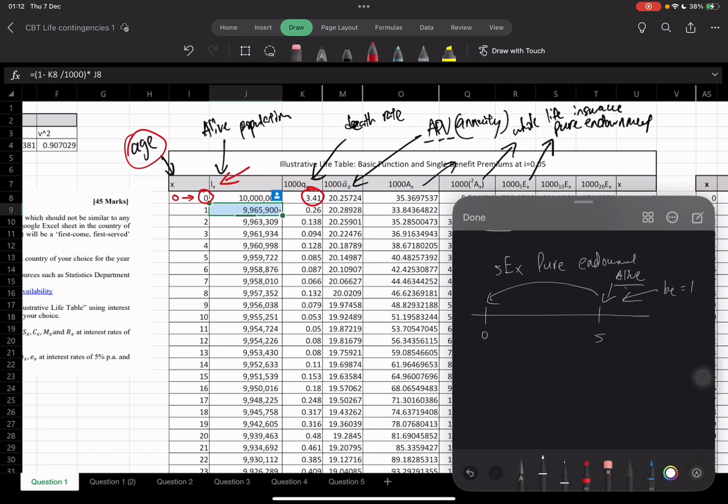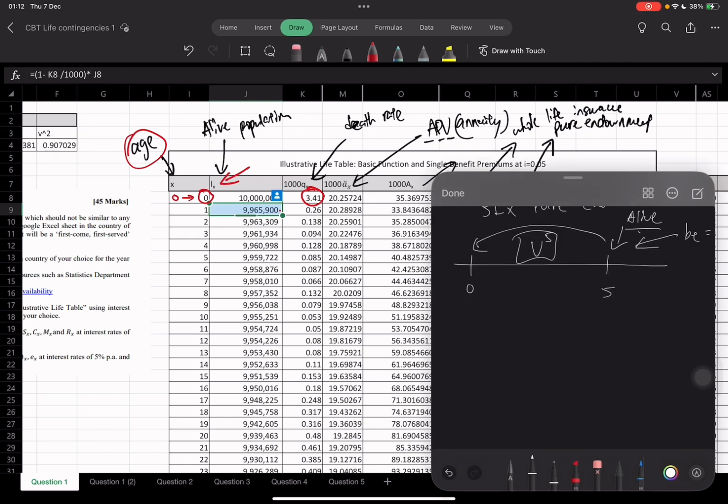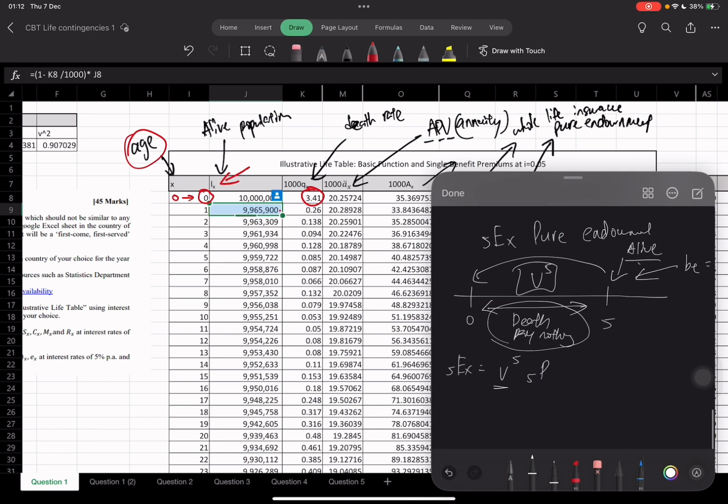We need to discount it back, v⁵, for 5 years alive. If the person's death occurs here, we pay nothing. The person will get nothing. The formula we can see here is v⁵ times 5px.